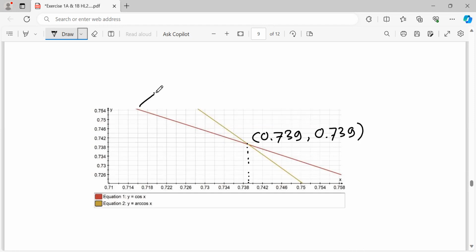The first graph is the graph of y equals cosine x, and the second graph is the graph of y equals arc cosine x. So the first graph and the second graph have the same outcome at 0.739.